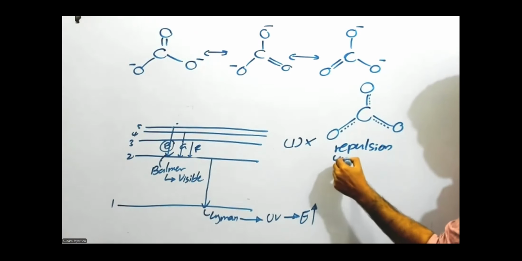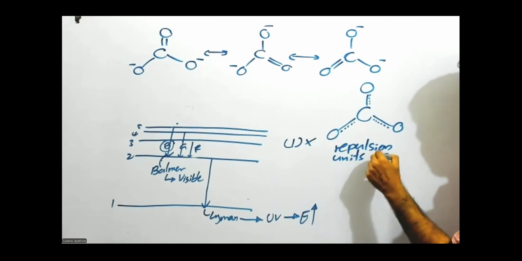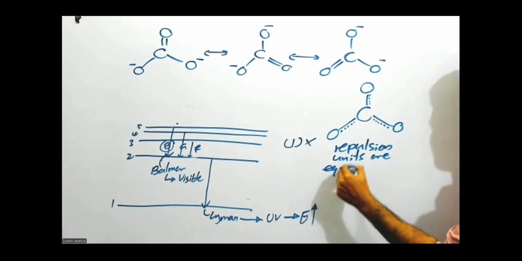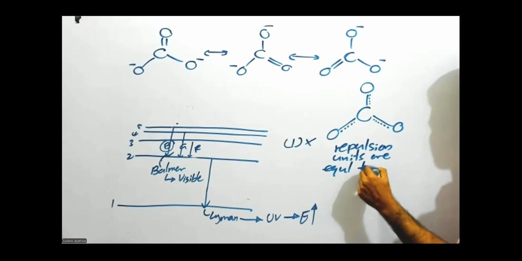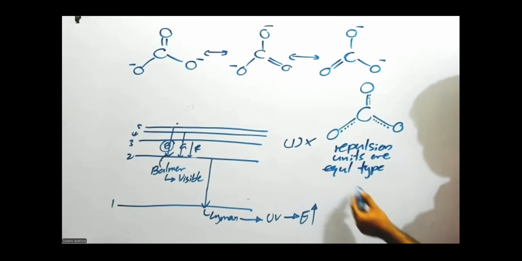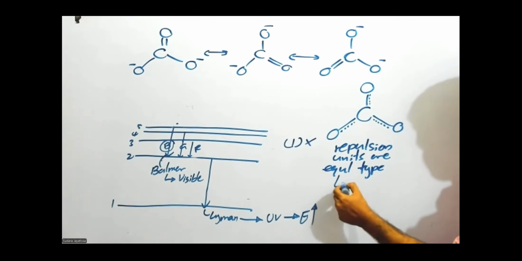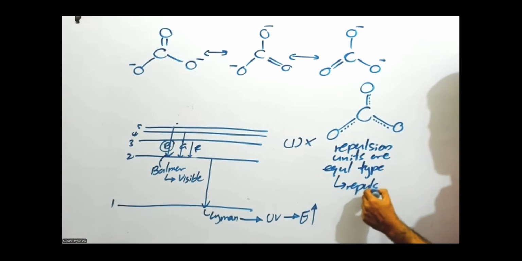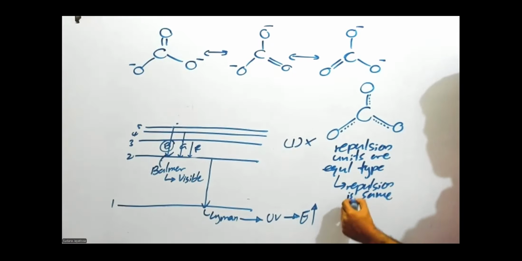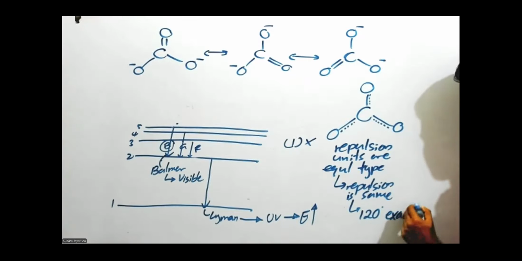Repulsion units are equal type. So their repulsion is same. Therefore bond angle is exactly 120. Understand?